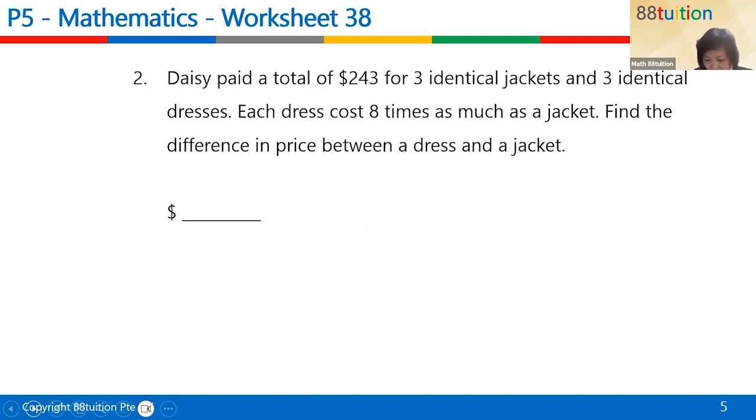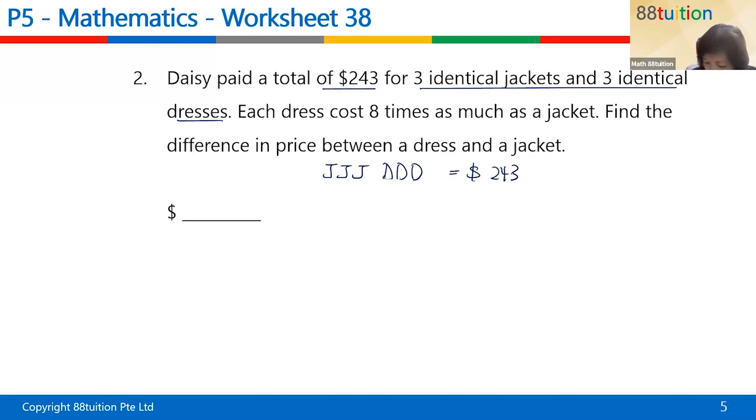Daisy paid a total of $243 for the items here. 3 jackets and 3 dresses. So 3 jackets, that means I have 1, 2, 3 dresses, 1, 2, 3, and this will cost 243.